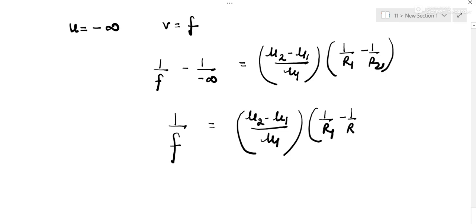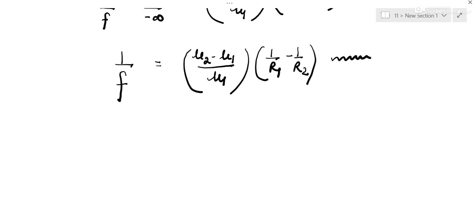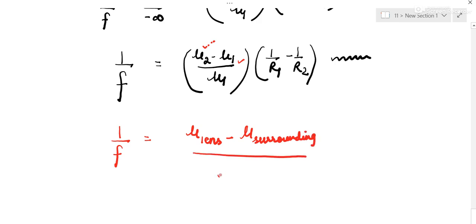This is called the lens maker formula. It can be memorized as 1/f equals (mu2 minus mu1)/mu1, where mu2 is the glass, the lens material, and mu1 is air, or you can say the surrounding. When the lens is dipped in water, the surrounding will be water, not air, so it is mu surrounding or mu medium.